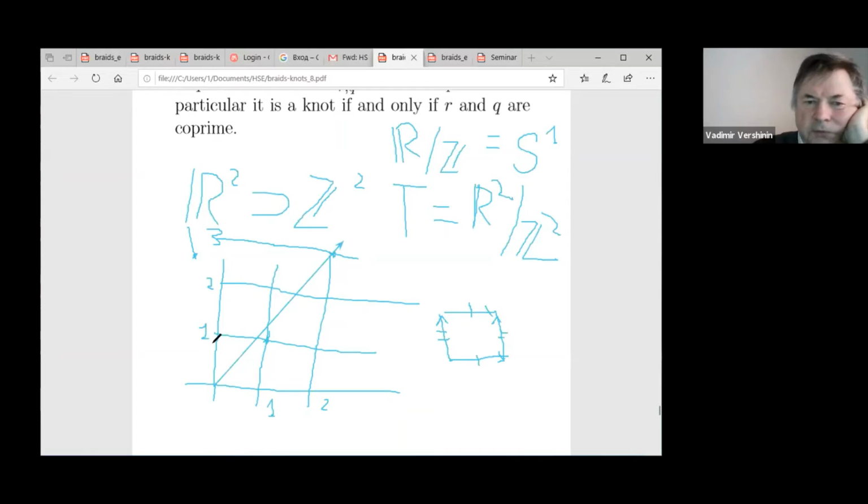And in this identification, they are the same. 1, 1, 1, 0, 1, they are all the same because they belong to the integer numbers. They are all equal to the 0 point.